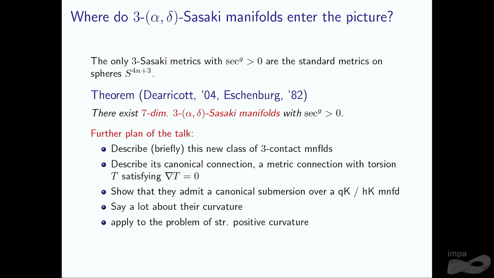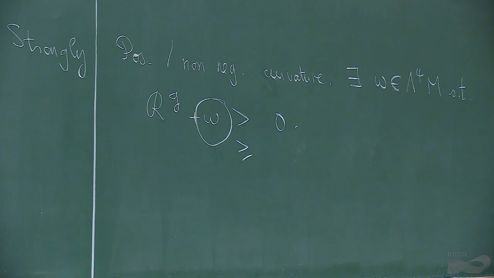And using this information, we can actually say something reasonable, and apply it to the problem of strongly positive curvature, in particular what I would call quantitative strongly positive curvature. In a sense, what is omega, and what can we learn about the geometry and the curvature properties by doing so?